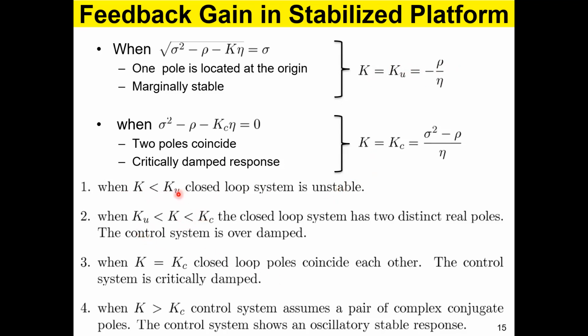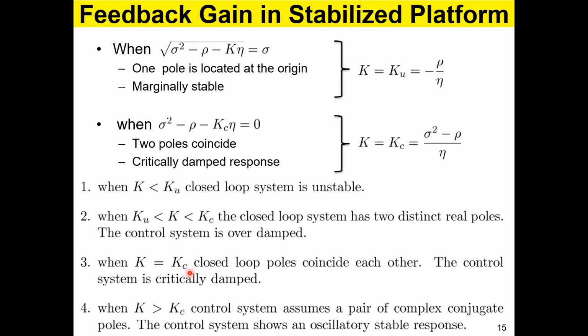Between these two gains, ultimate and critical, the poles are on the real axis and they are different, distinct poles. So you have distinct real poles, so that the system is overdamped, and we know that, right? When K equals critical damped gain Kc, two poles on top of each other, control system is critically damped.